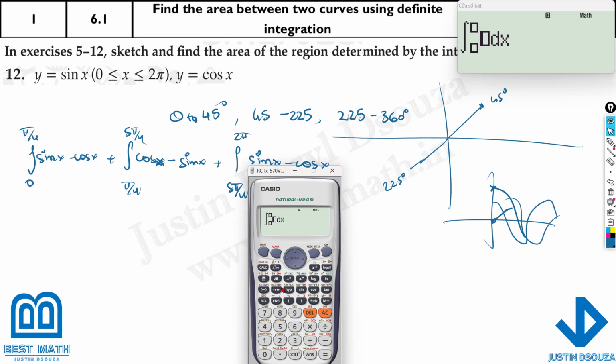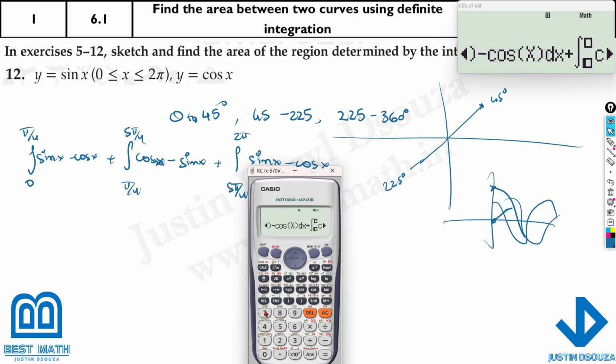So now here it'll be the integral of sine x, close the bracket, minus cosine x. Then we start from 0 to pi by 4. So 0 to pi divided by 4. Then plus. Since we had used sine, I'm going to use cosine now. Cosine x, close the bracket, minus sine x.